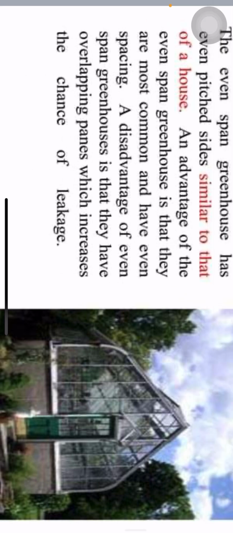There are some disadvantages: even span greenhouses have overlapping panes, which increase the chances of leakages. Next we have the ridge and furrow system, which is also one type of even span.